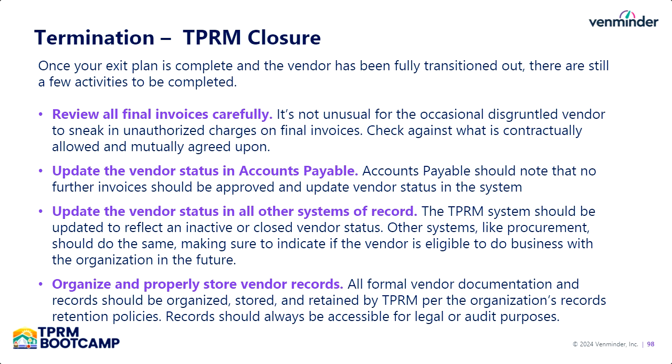Of course, we want the status updated in the third-party risk management system, and those access management systems as well. We want all of the vendor records to be organized and properly stored. They should be retained by the third-party risk management team as the official record, and they should be accessible for any legal, audit, or exam purposes.